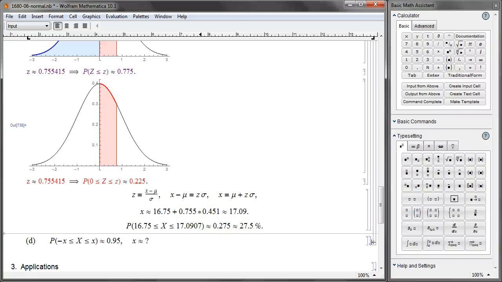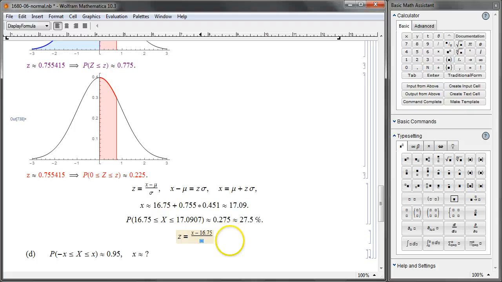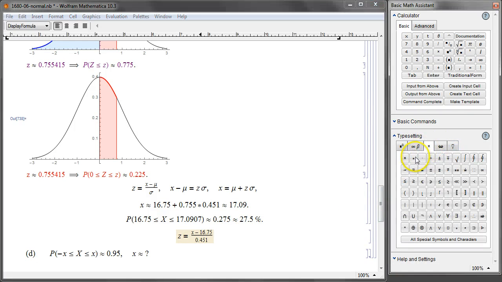How about an alternative way? Maybe some students may not like to do this symbolic computation. They want to solve a numerical equation right away. Okay, in that case, the z-score, which is x minus 16.75, mu, over sigma, 0.451, is approximately equal to 0.755.